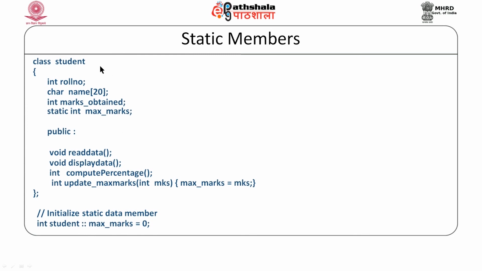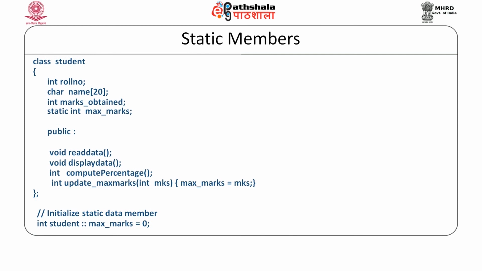Now, the moment I define this data member as static, the memory for it will not be allocated in individual objects. This data member will have one copy, and the memory allocated to it will be outside the object.